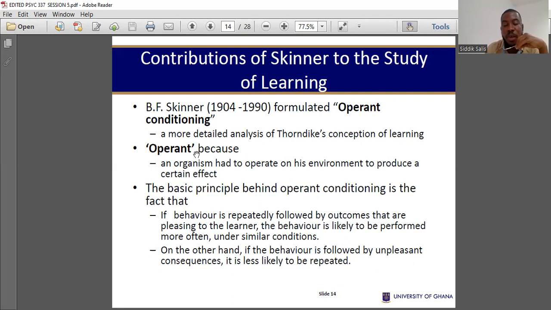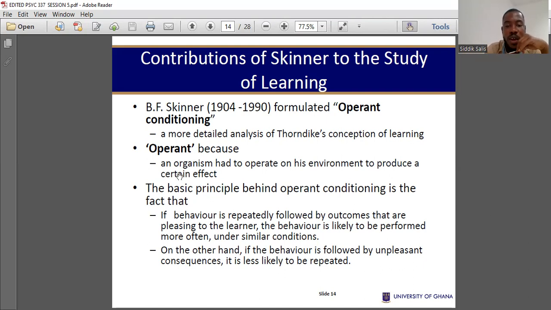So operant, because the individual needs to operate in his environment. The outcome of the operation in the environment will determine the modification of his behavior. That will determine how his behavior is going to be modified. That's why it's called operant conditioning, because the organism needs to operate in its environment.